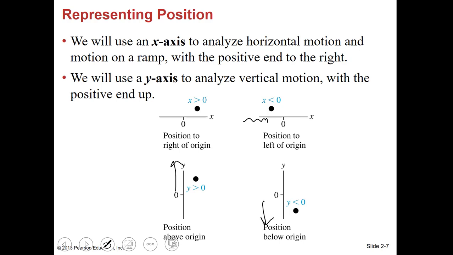Now in terms of displacement, remember from Chapter 1, delta x. Delta x is positive if you're going to the right. This doesn't have anything to do with where you're located on the number line. This is just moving to the right. Delta x is positive. So remember what delta x is: x final minus x initial. Okay, so that's how we'll represent motion.